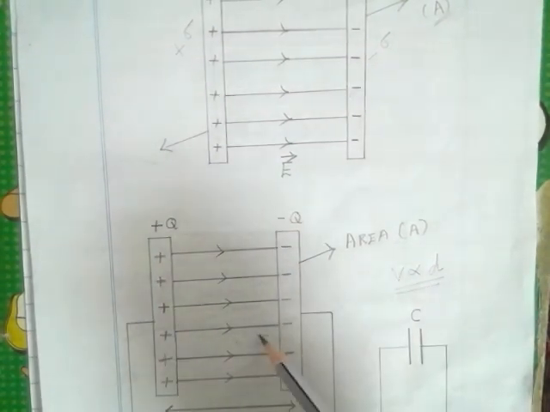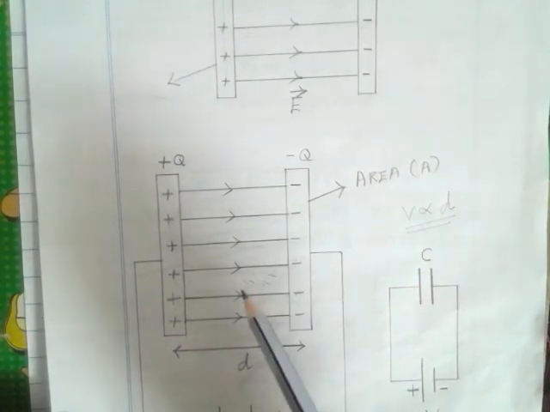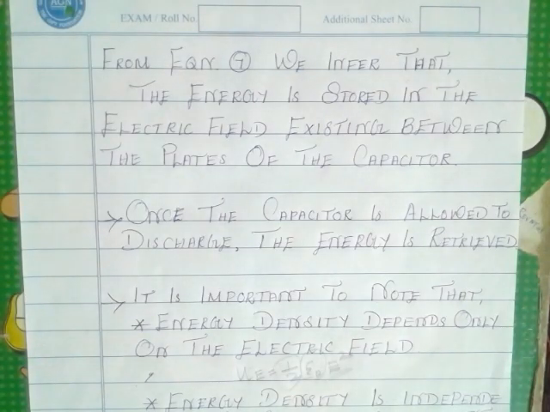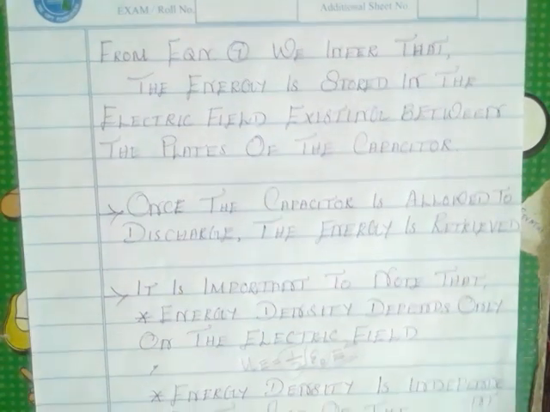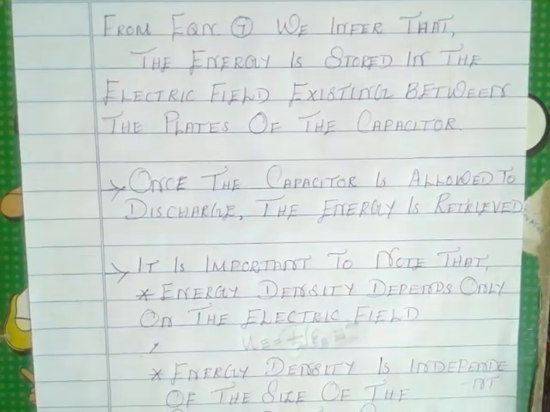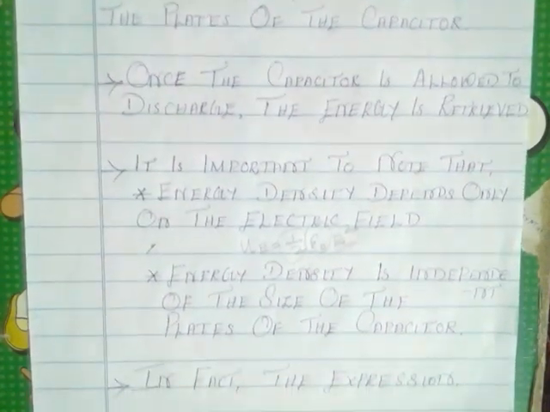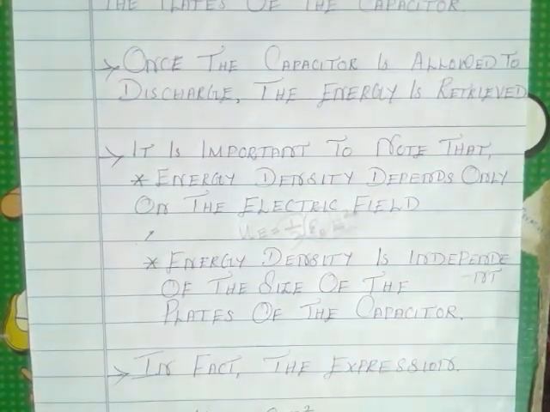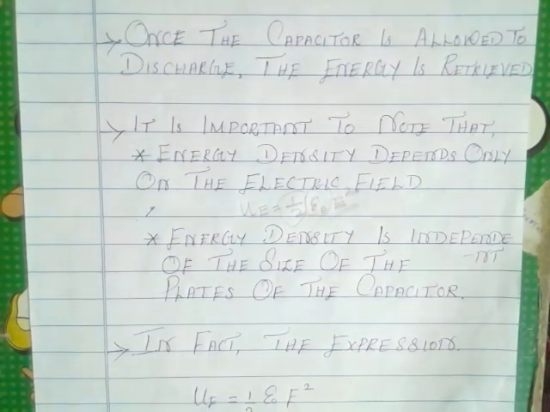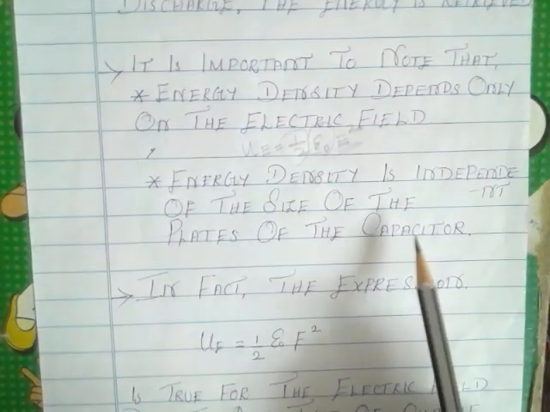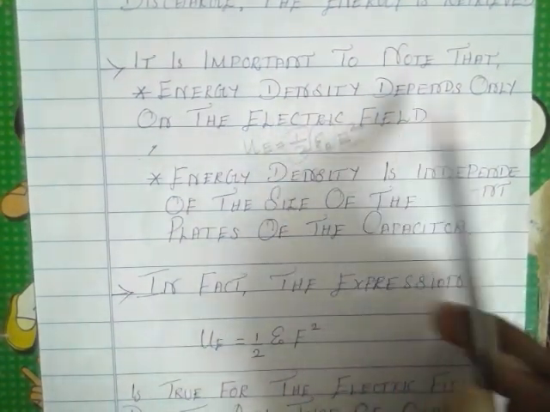So there only the electrostatic potential energy is stored in that capacitor. Once the capacitor is allowed to discharge, the energy is retrieved in another form according to the law of conservation of energy.